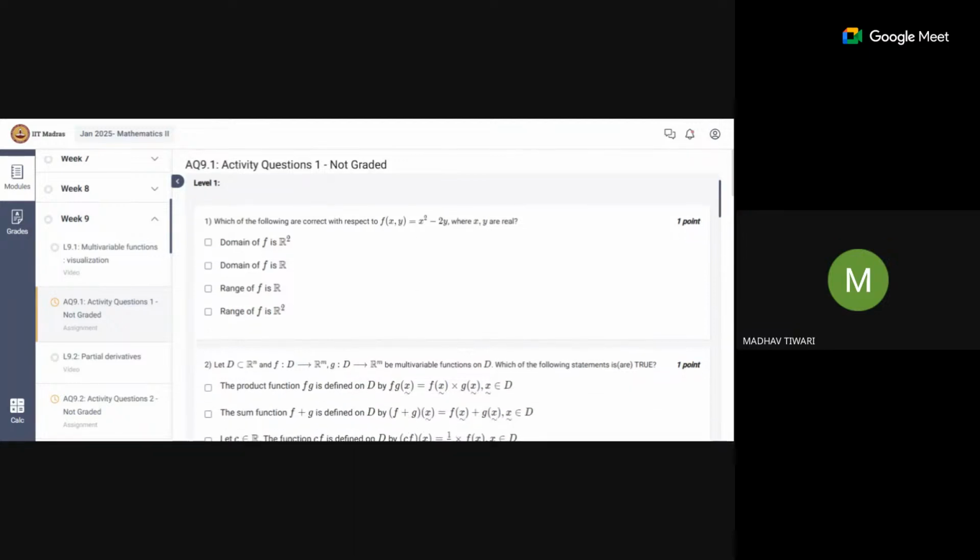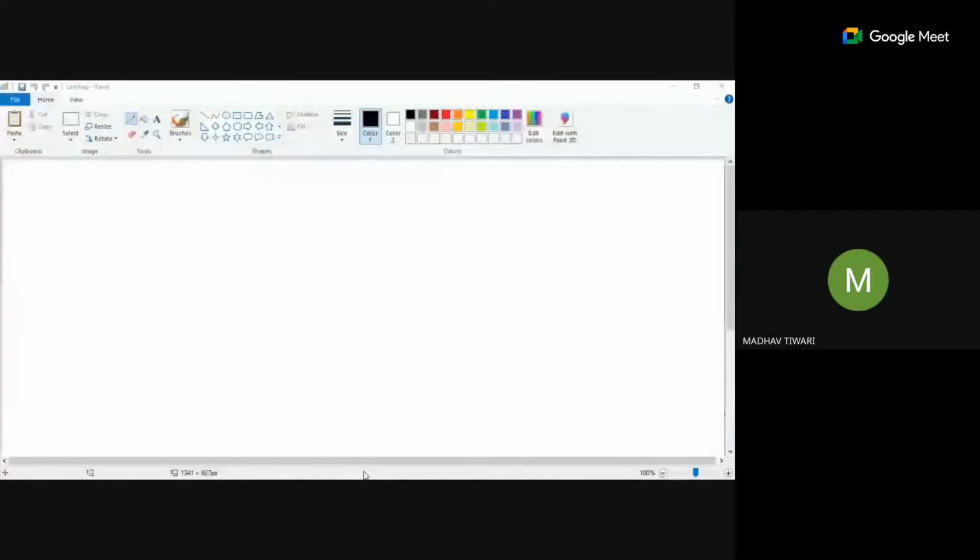You have two types of function: scalar valued and vector valued, and single variable and multivariable.